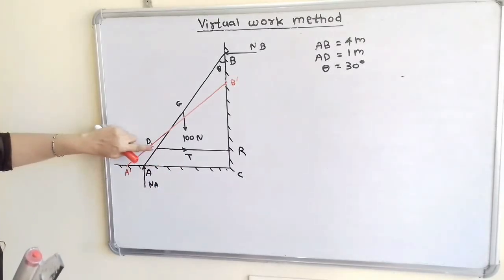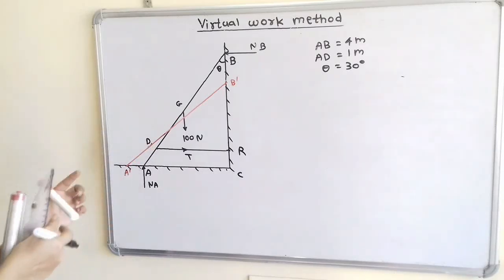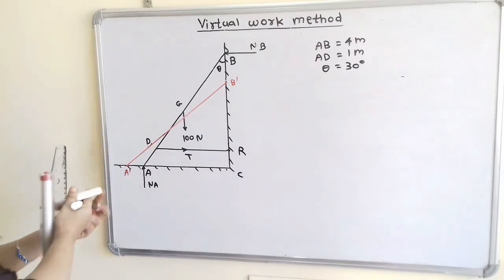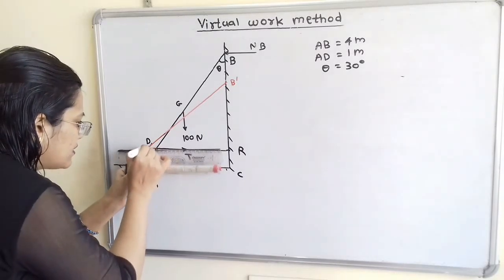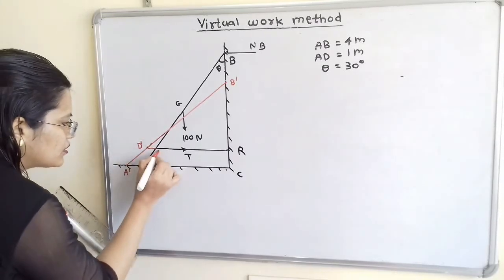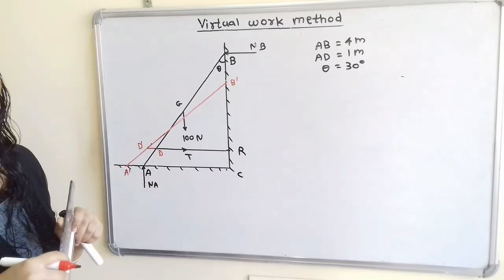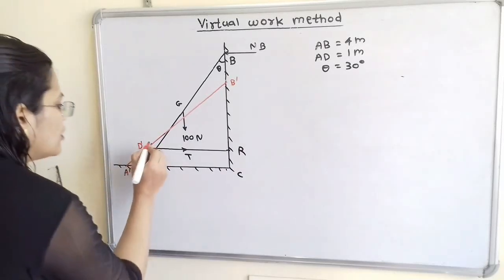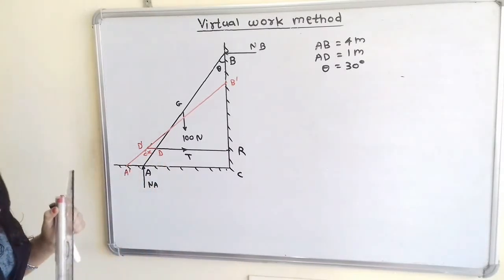This point D is the original point and we will show the new position of point D as D dash, with the help of a horizontal line. So here is the new position D dash and here is the original point D. This D to D dash is a horizontal displacement, a small displacement. It is delta x and we have to find delta x.